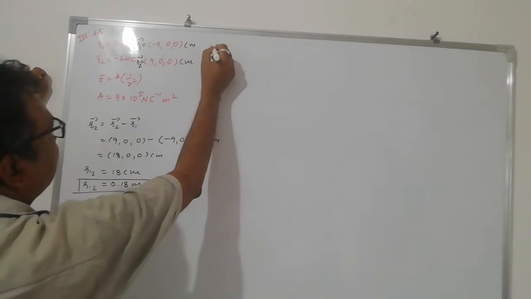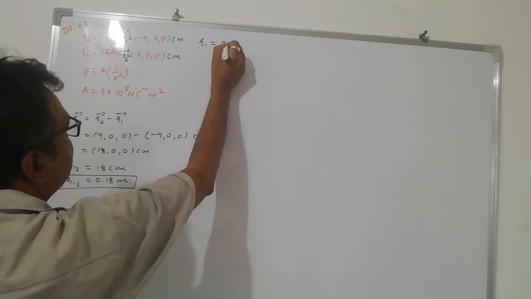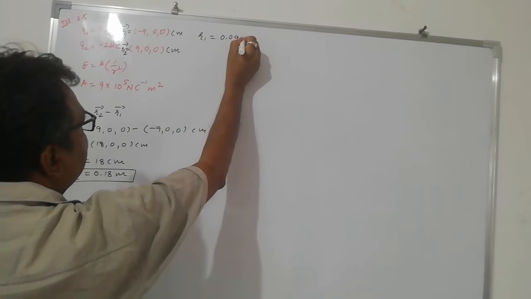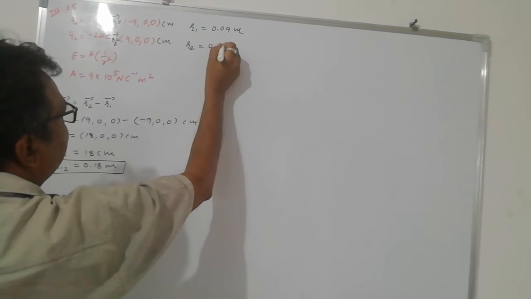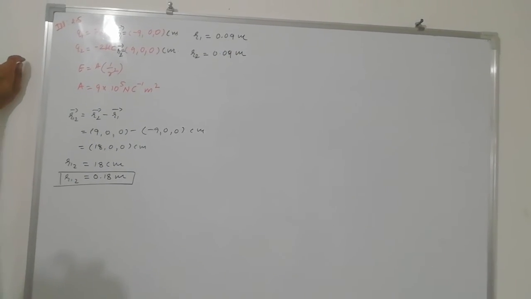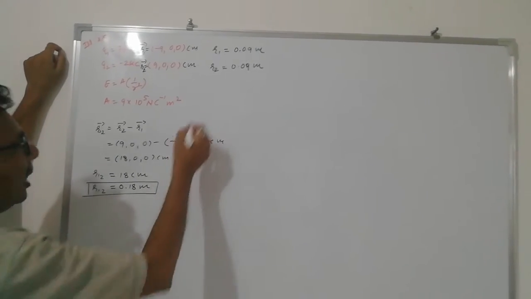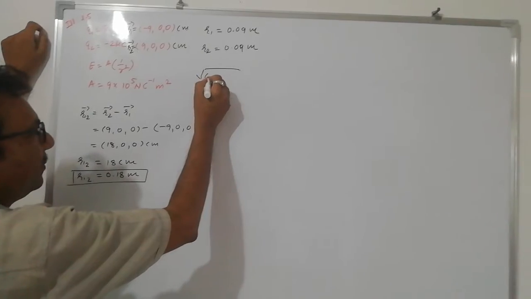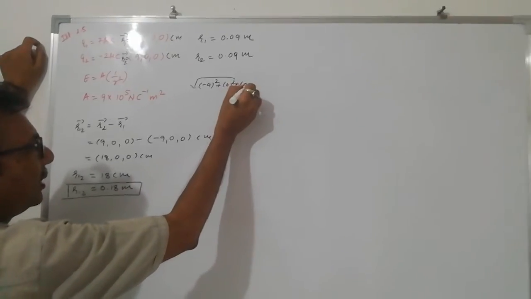And R1 is equal to 0.09 meter, same as R2, which is 0.09 meter, because when you find the magnitude, you have to write it this way: minus 9 square plus 0 square plus 0 square.